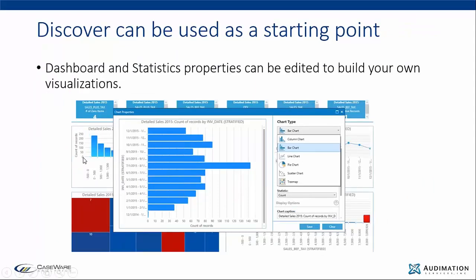Now, you might be asking, well, what's the point of running Discover if I can just customize all of this? Well, you could run Discover so it can get this analytic intelligence to work for you and show you, okay, these are areas that you may want to focus your attention on.